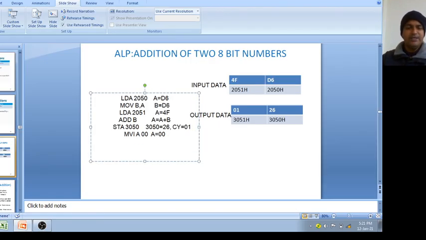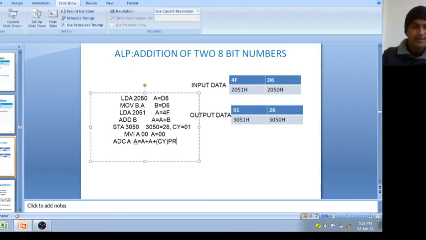Now you can simply use ADC. What is the meaning of this? It means A equal to A plus CY previous.